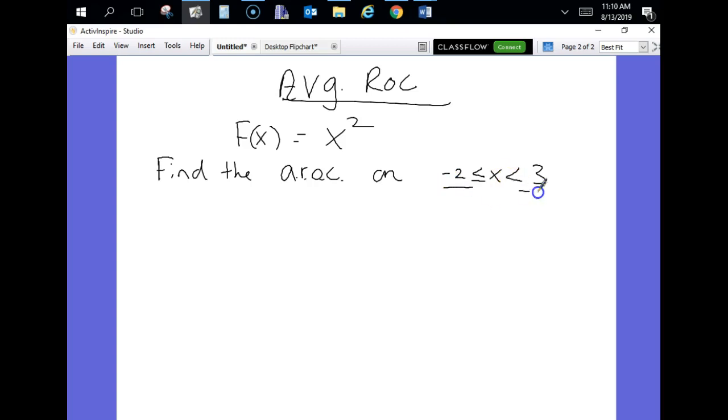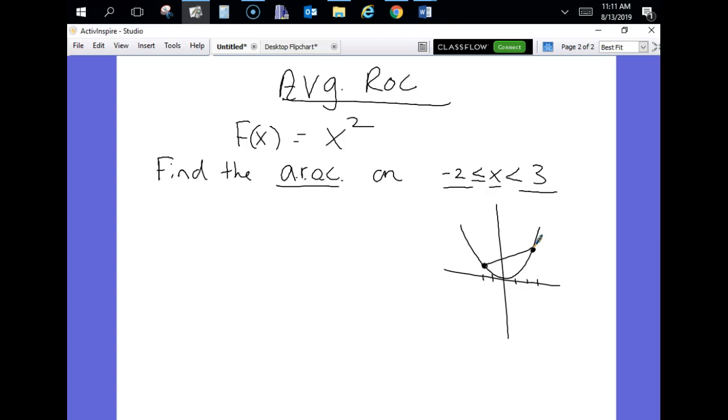First of all, notice these numbers. What kind of numbers are they? They are x values. And this graph here is a parabola, right? So we know what this looks like. When x equals -2, maybe we're right here, and when x equals 3, maybe we're up here. As you remember in class, the average rate of change is the slope of the secant line that connects those two dots.